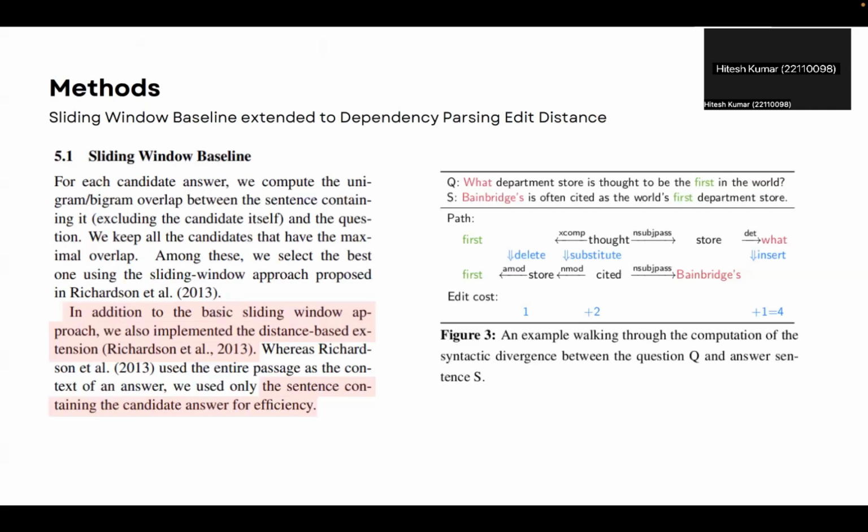Then one is the sliding window approach, in which the model is trained with the inputs as the previous k words and the output as the next word. The third model is the same, but they added the distance-based extension. And the fourth model was nothing but a logistic regression model. Next.